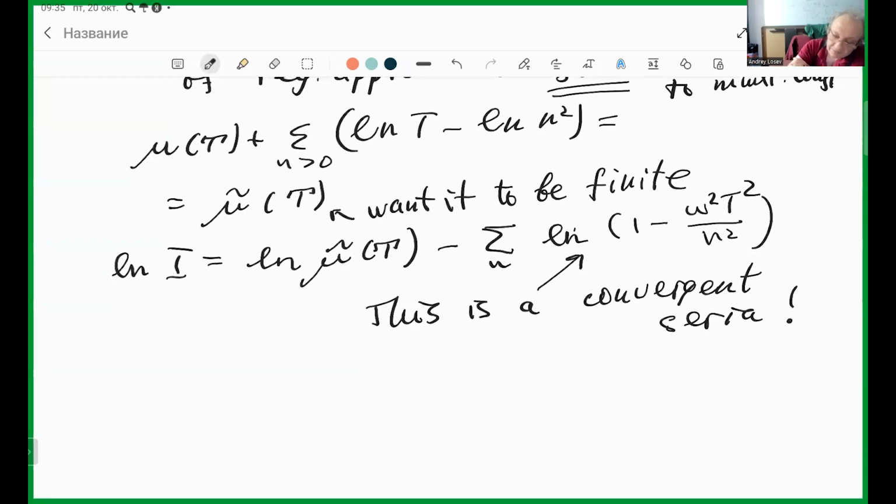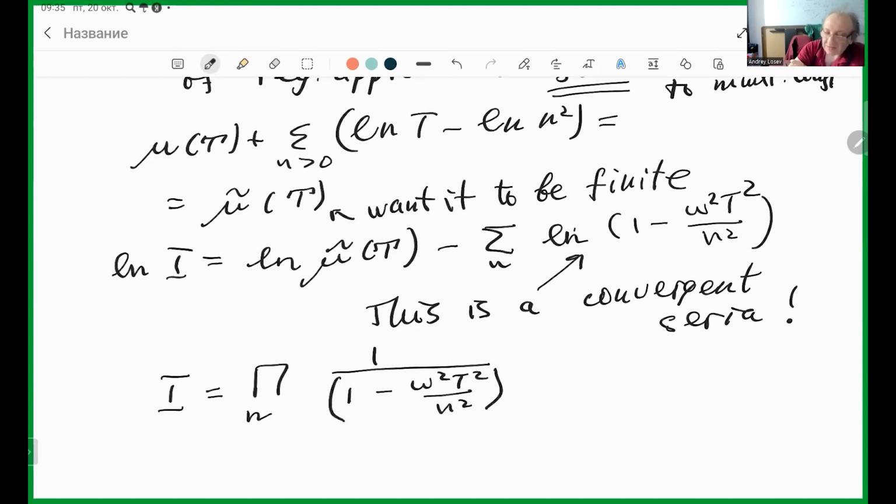Now it means that I is what? So I is actually an infinite product of 1 minus omega square t square over n square, times mu of t.